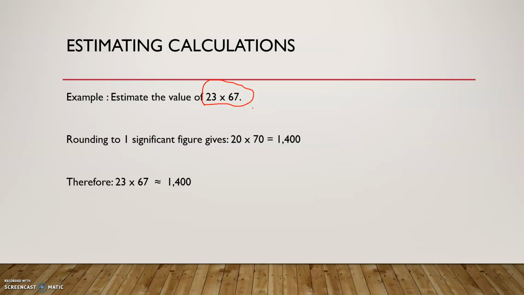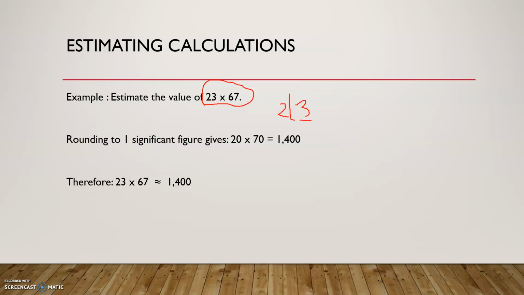The way we do it is, you take 23 here, and normally we put a vertical line after the first digit, and we look at the digit after it. If it's more than 4, then we increase the first digit by 1. For example, if it's 6, then we increase this one to 3 and then make the rest of the numbers 0.